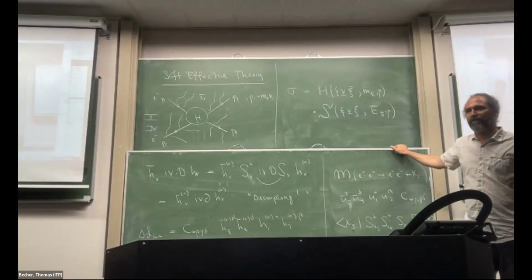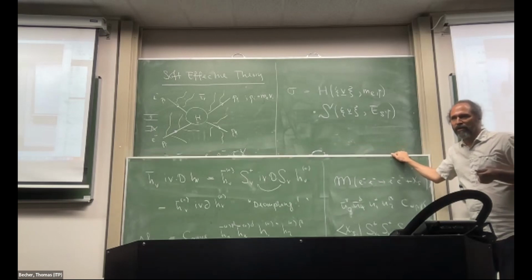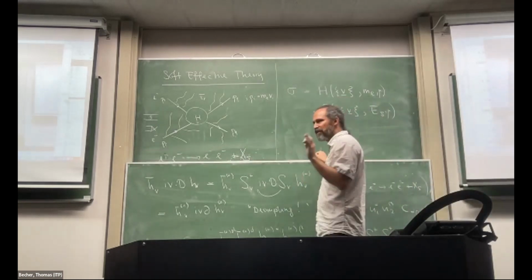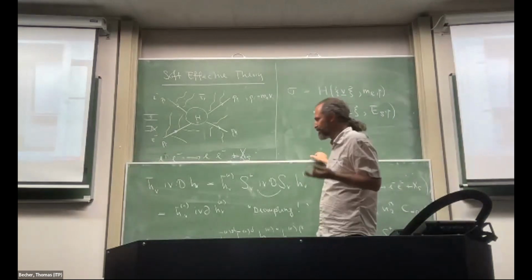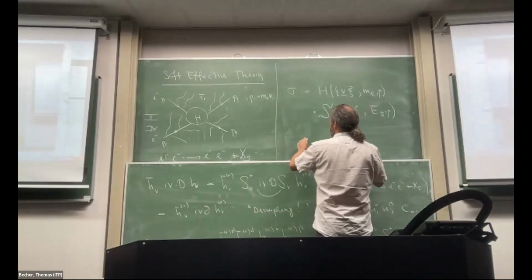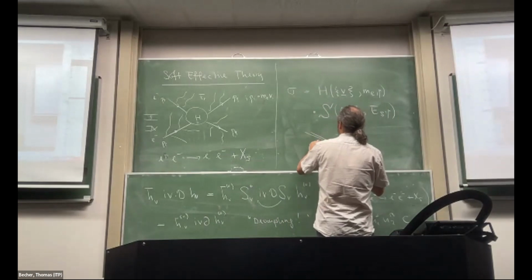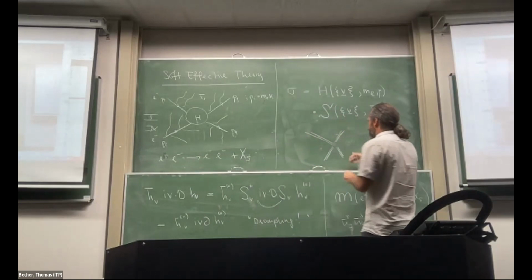So you can see easy enough how to calculate the hard part. The soft is also not so difficult. The soft is these Wilson lines, and these Wilson lines have actually the same Feynman rules as our original Lagrangian, basically. So if you want to compute the soft function, I use this double line for this Wilson line.